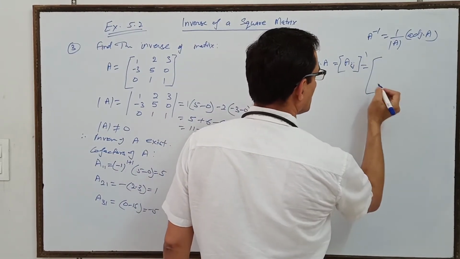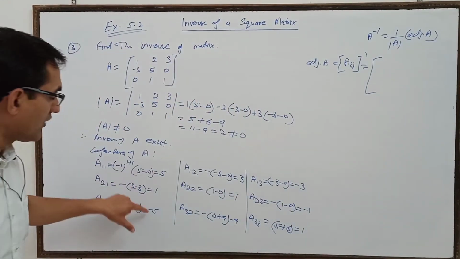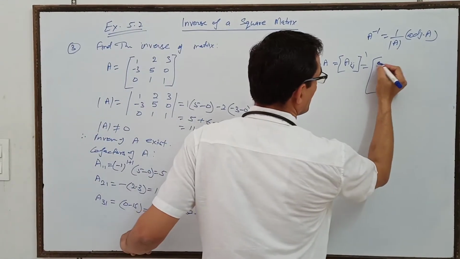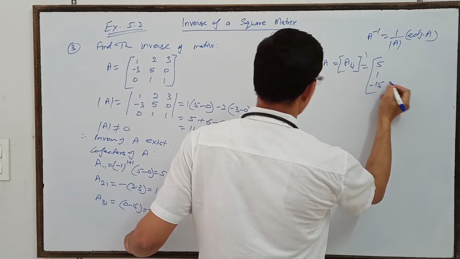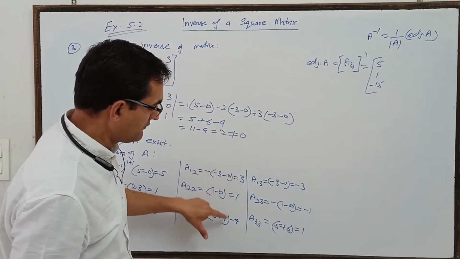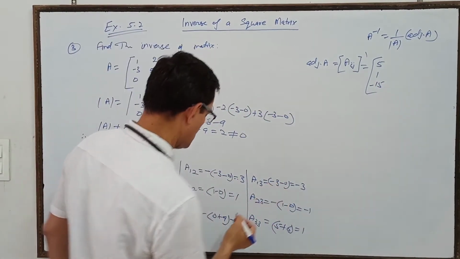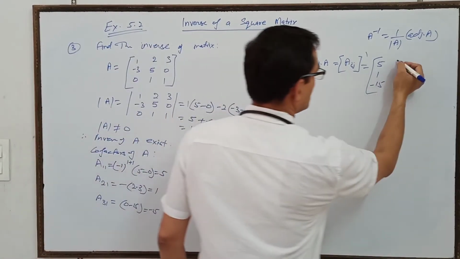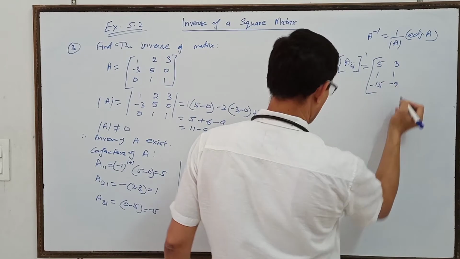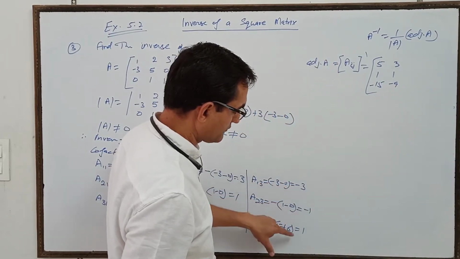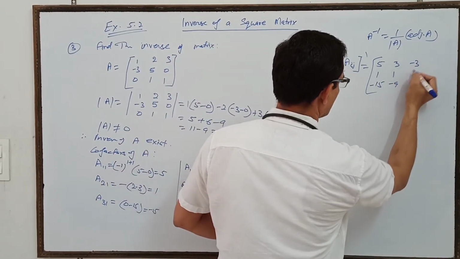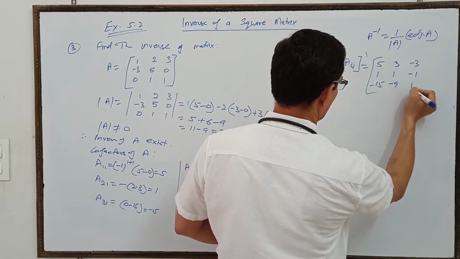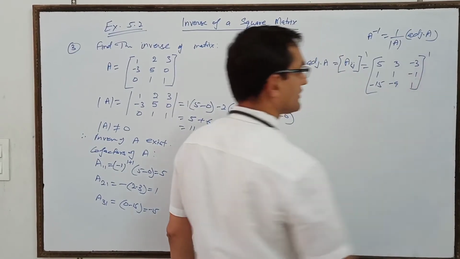So we will write it: 5 1 minus 15 for the first, 3 1 minus 9 for the second, and minus 3 minus 1 1, and its transpose.